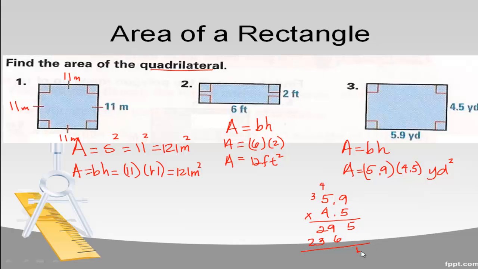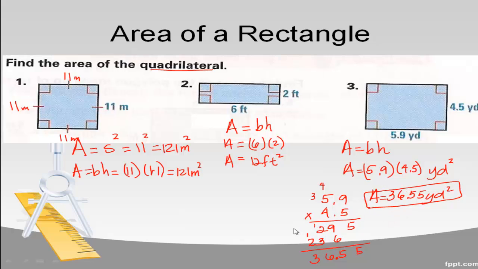I hope I did this correct. Okay, 15, this is 5, 6, 3, and then I have 2 decimal places, so there's your answer. Area is 36.55 square yards.